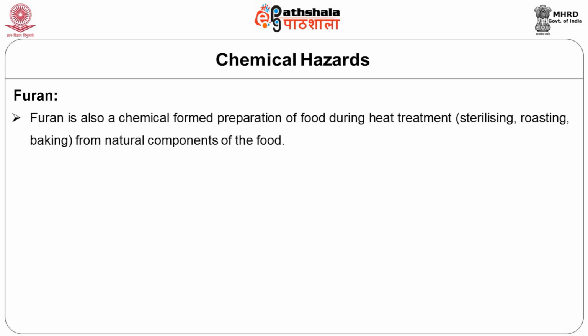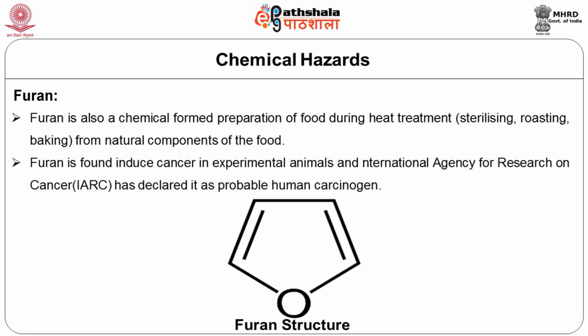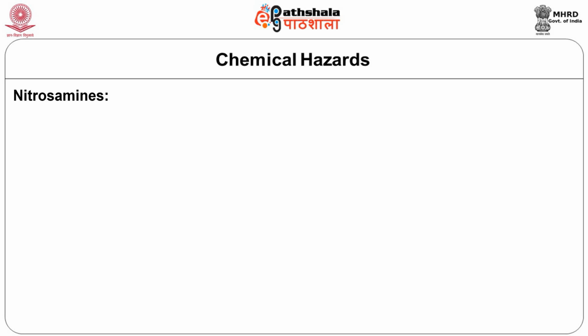Furan is also a chemical formed during preparation of food during heat treatment like sterilization, roasting, baking from natural components of the food. It is found in coffee, canned foods, baked foods, etc. Furan is found to induce cancer in experimental animals, and the International Agency for Research on Cancer has declared it a probable human carcinogen. Nitrosamines are another class of process contaminants.